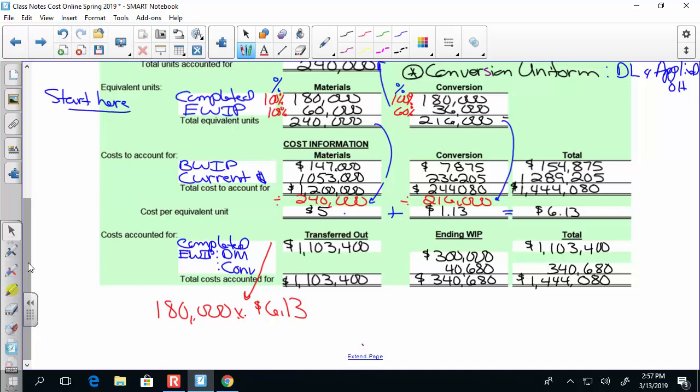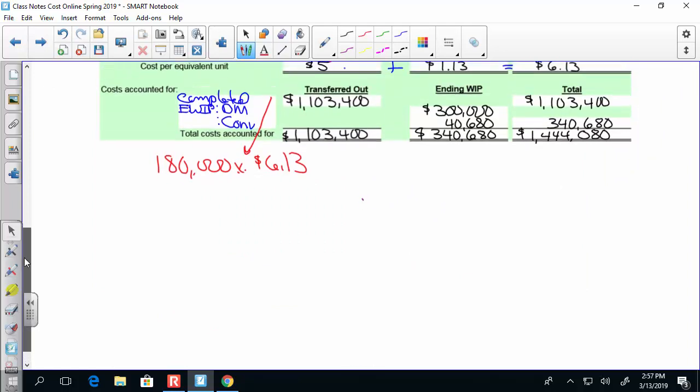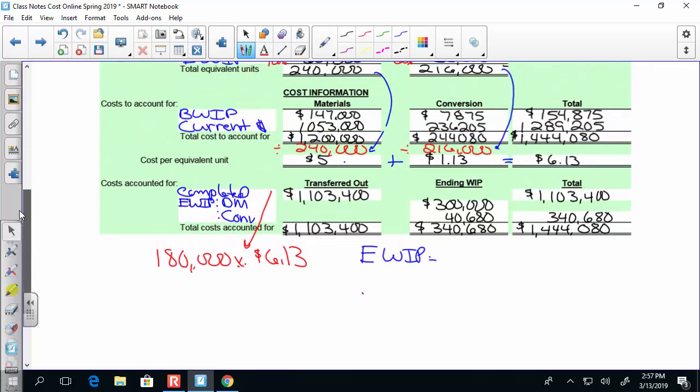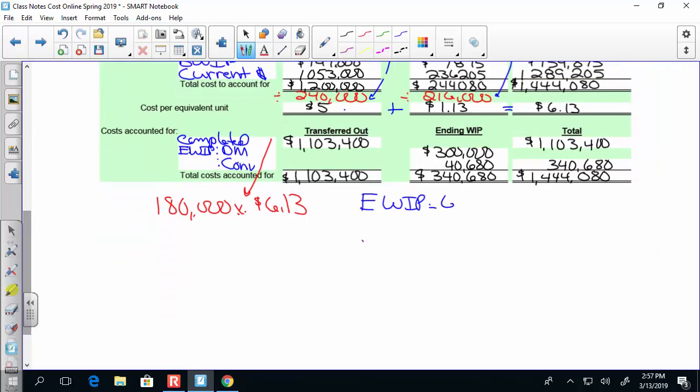Now you'll notice for ending work in process, I can't just have one number. I'm going to have two numbers, right? So for ending WIP, I take the materials, and equivalent-wise, I had 60,000 here. I multiply that 60,000 by 5, the cost per equivalent unit, and that gives me the 300,000 that I'm showing there.